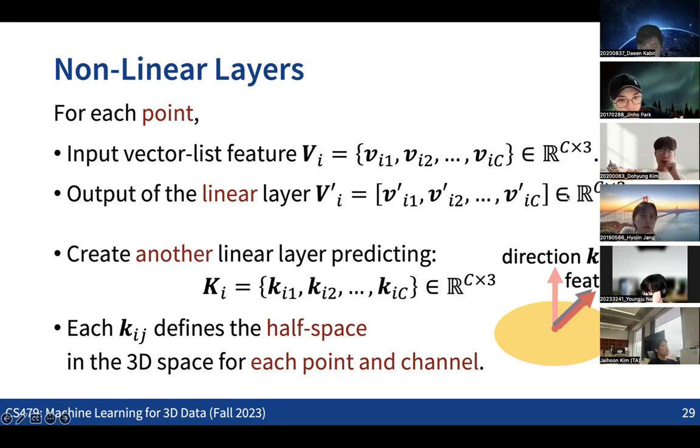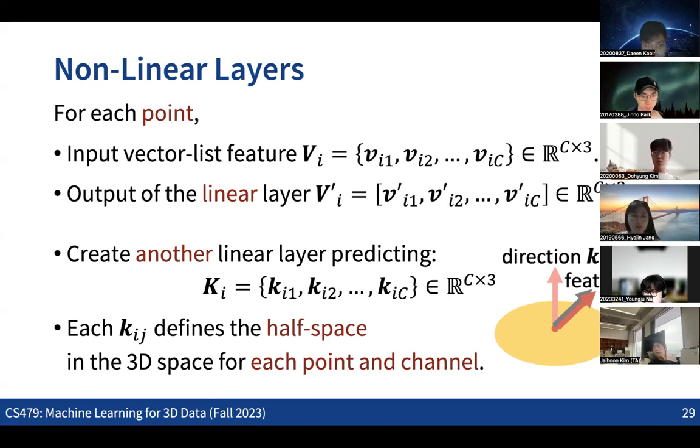But we want to apply this truncation with data-dependent half spaces, which are also learned using a rotation equivariant layer. So in that way, we apply another linear layer in terms of learning the half space for each of the points and the channel, right? So we make another linear layer, which gives the same form of a set of vectors, but now we treat all the vectors as normal vectors for the half space, right?